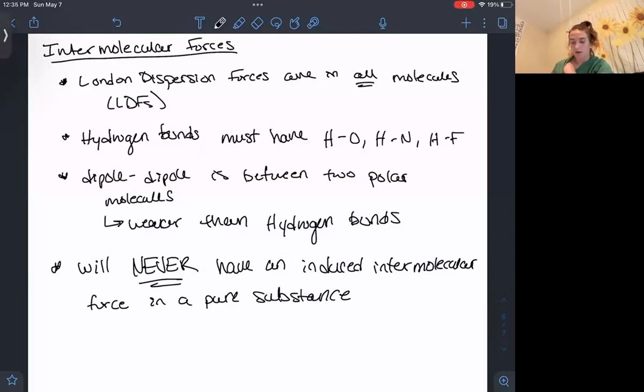Yeah, so your London dispersion forces will be in any molecule, whether it's polar or non-polar. LDF can also just be called dispersion forces. And then your induced dipole is when a polar molecule comes near a non-polar molecule, causing a dipole to happen.